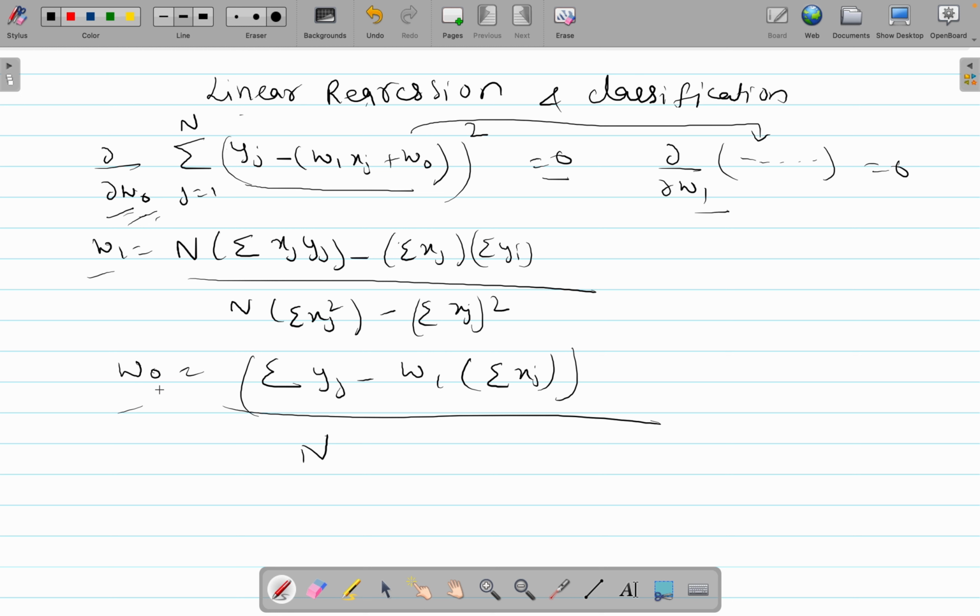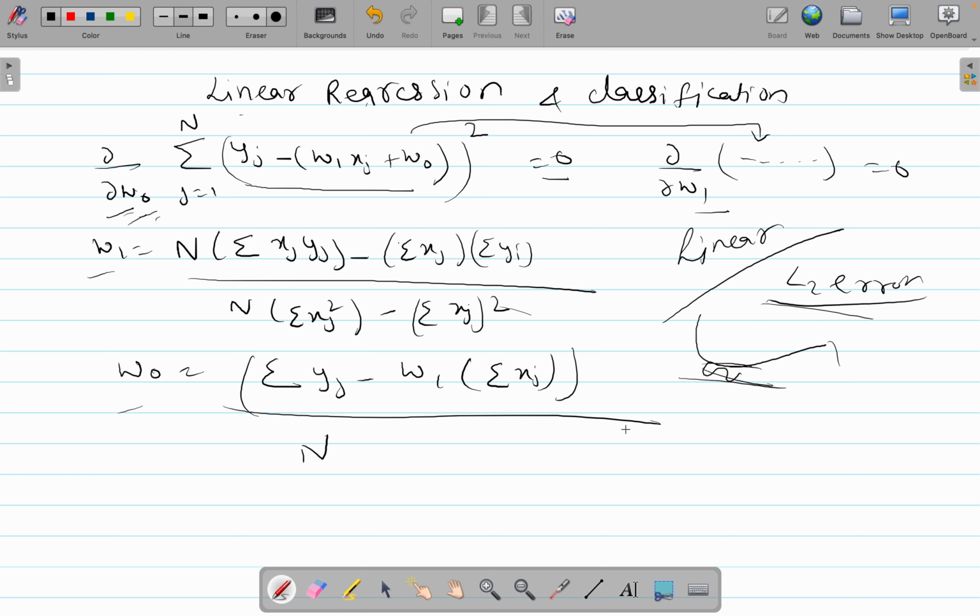Now it's always seen in the linear function. Whenever it's a linear function and we are trying to solve it with the L2 error, for every linear function we get a convex solution. So in almost every case you will not have a local minimum.